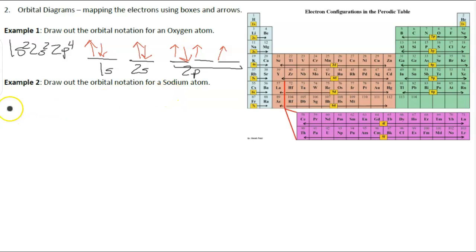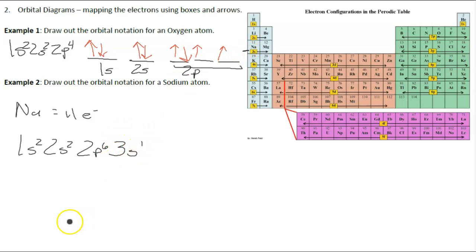Okay, so sodium has 11 electrons. And so I write my configuration: 1s2, 2s2, 2p6, and then I have to come right down here, and I am 3s1.